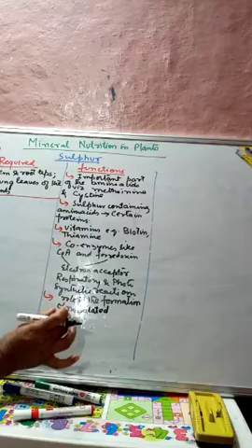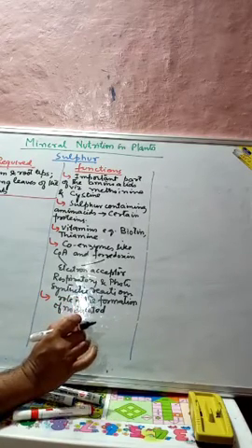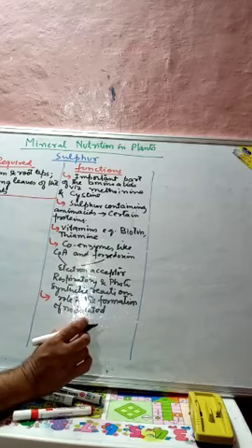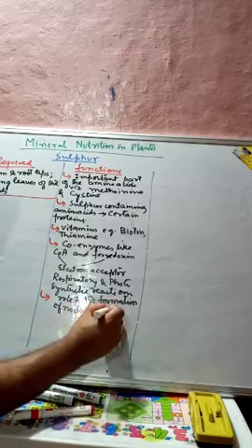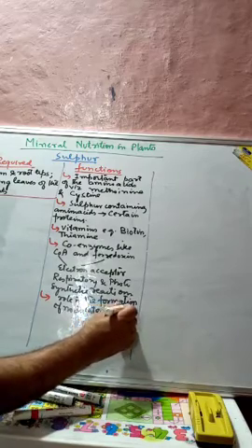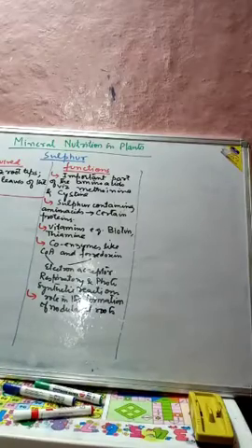They play an important role in the formation of the nodulated roots, mainly in leguminous plants. So these are some of the functions which are carried out by the sulfur.